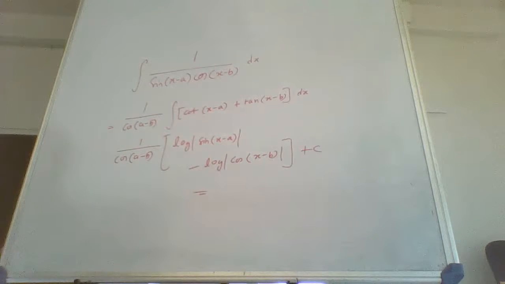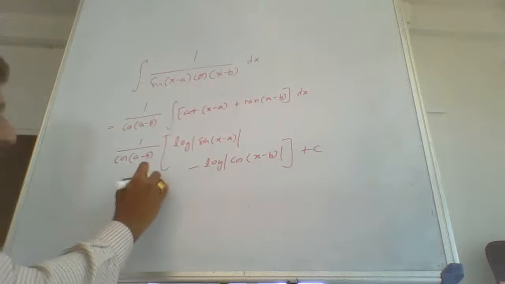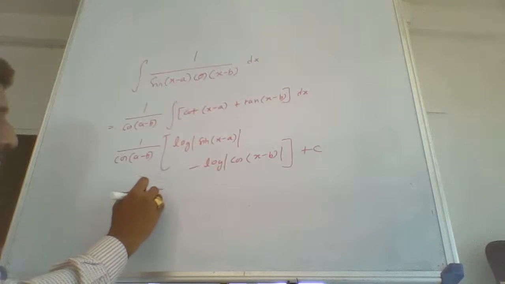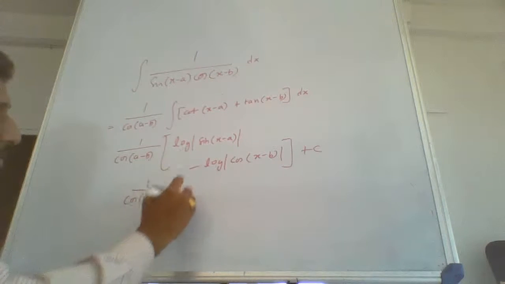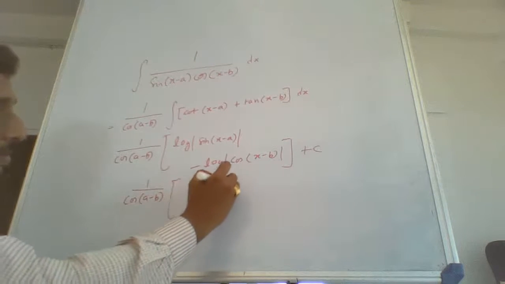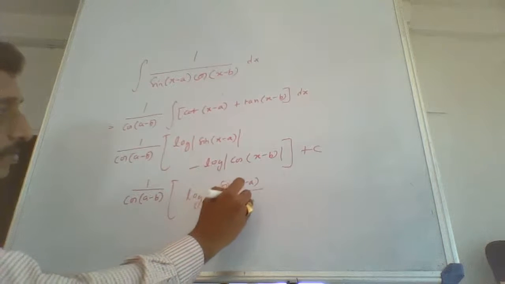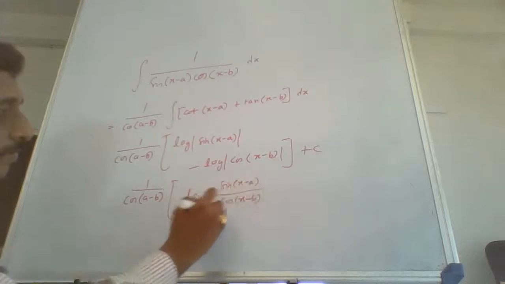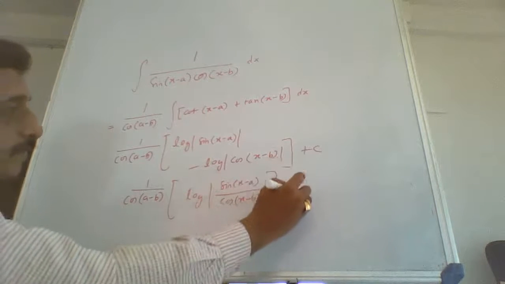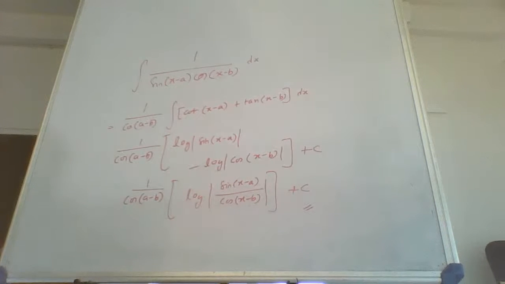So this will be the solution. Or you can put this together as log m minus log n. So I get 1 by cos of a minus b, log of sine x minus a divided by cos x minus b, plus c. Fine.